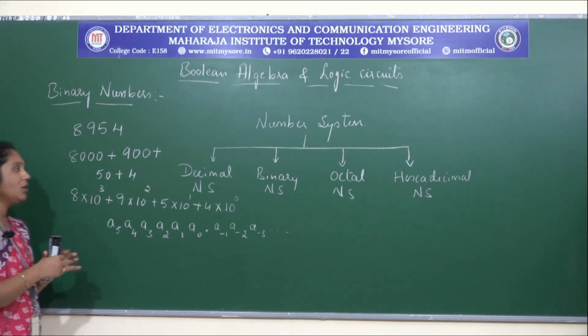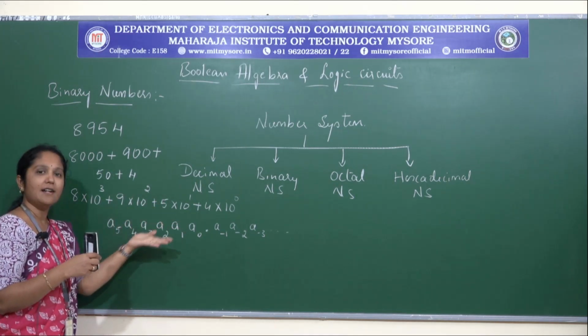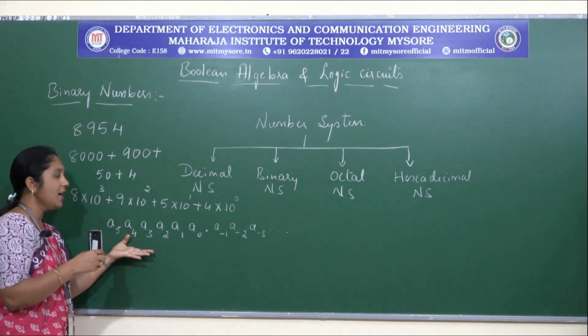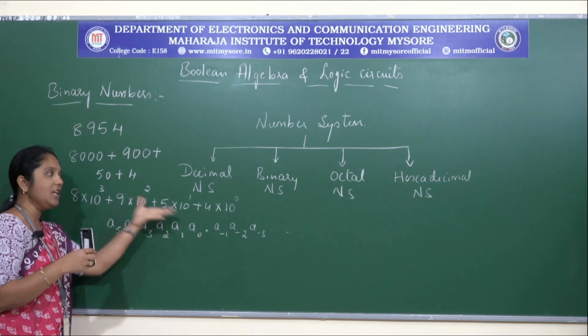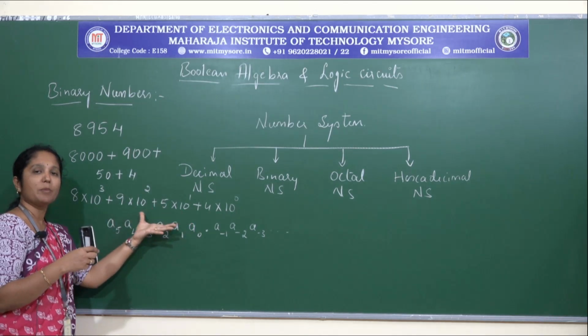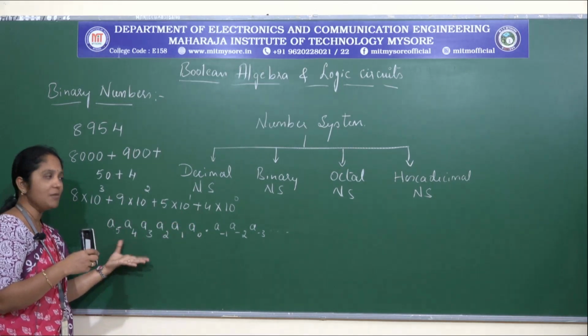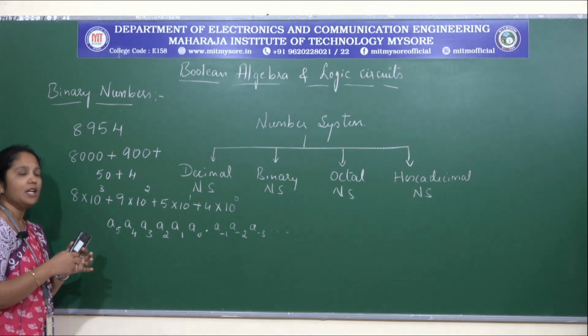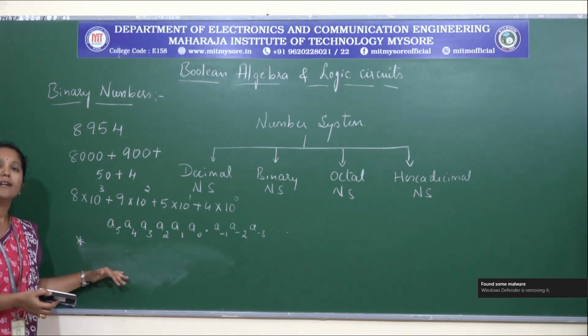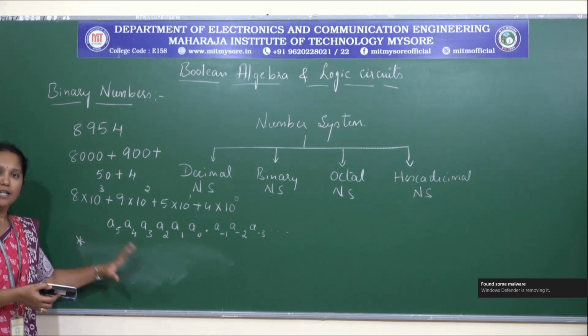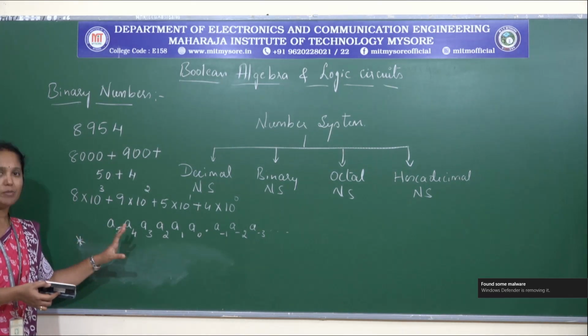Now, coming to binary, as I said, let us generalize and represent the general equation for any number system. How to represent a number in any number system? Later we will consider the binary. Let us generalize and represent the equation for any number system.